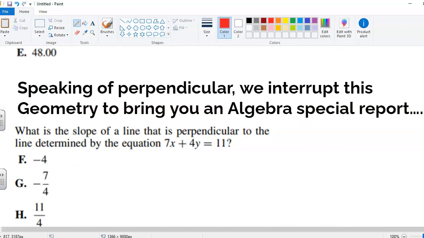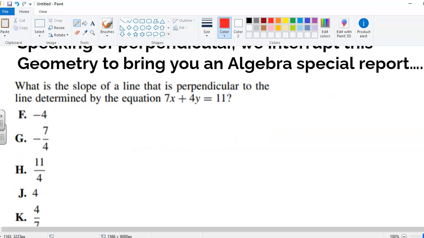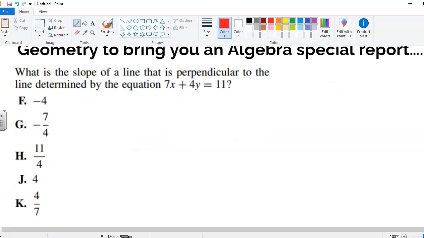Speaking of perpendicular angles, we interrupt this geometry to bring you an algebra special report. What is the slope of a line perpendicular to the line determined by the equation 7x plus 4y equals 11?